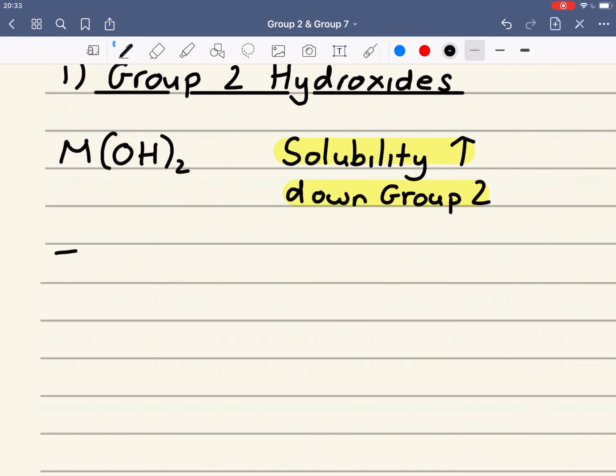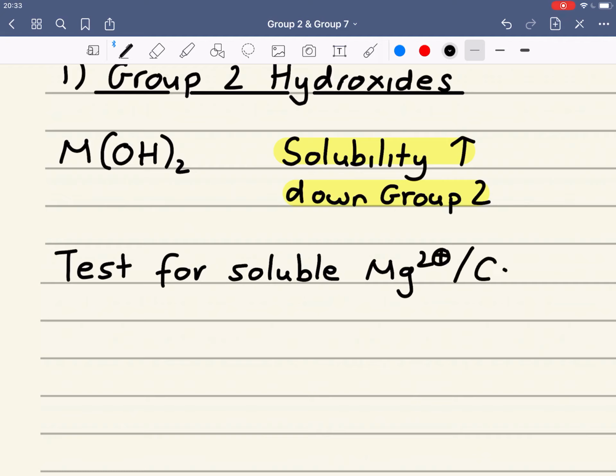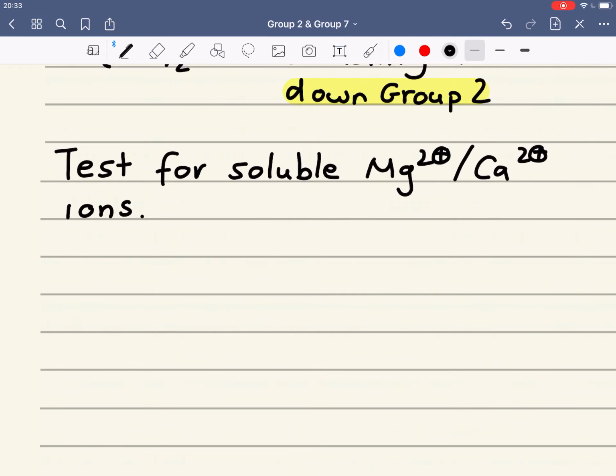This provides us a basis for the test for soluble magnesium and calcium ions. Now, what that means is if we've got soluble magnesium or calcium ions, so for example, magnesium chloride, we add a test reagent, and that test reagent is sodium hydroxide.